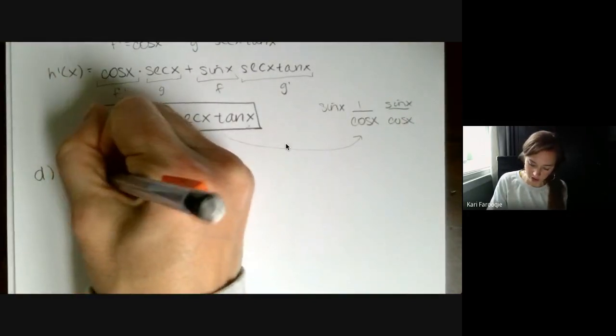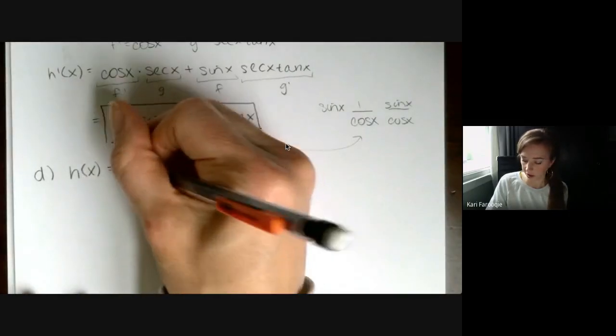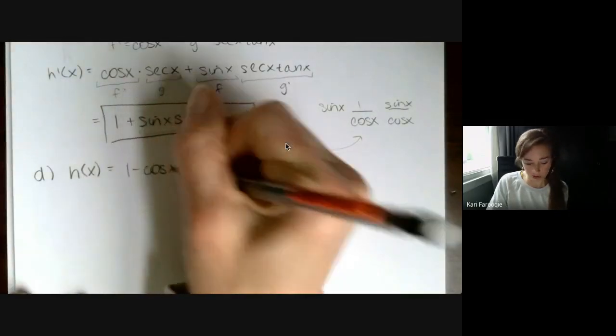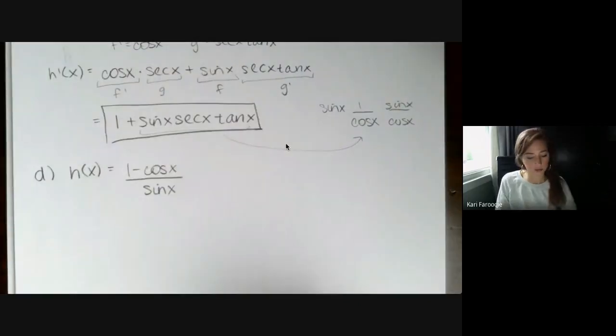All right, let's do one then that uses the quotient rule. We'll let h of x be (1 minus the cosine of x) divided by sine of x. Now, if you want, you could really rewrite this by splitting up the denominator, and you could put this in terms of two simpler functions if you wanted to do so.